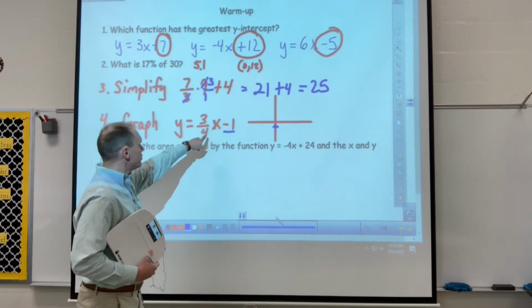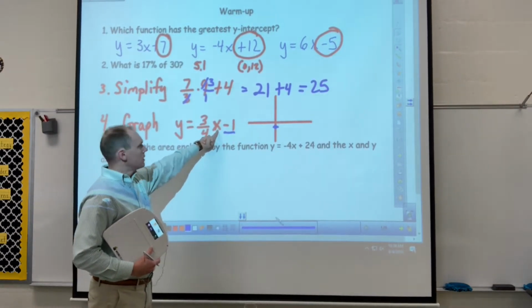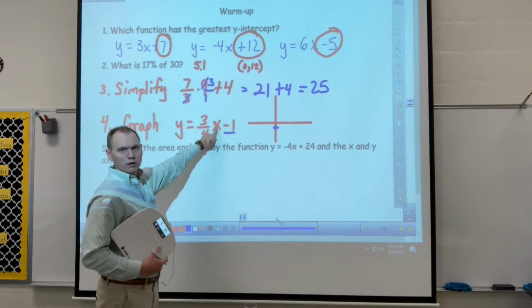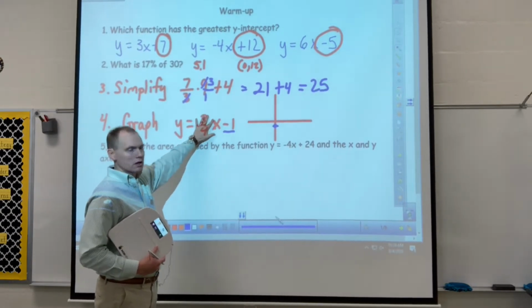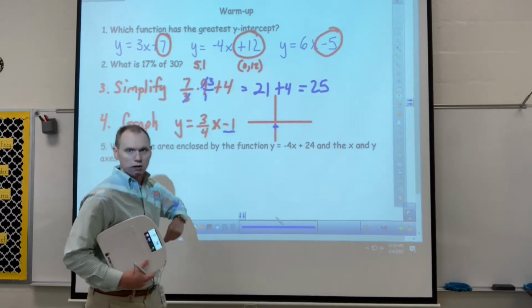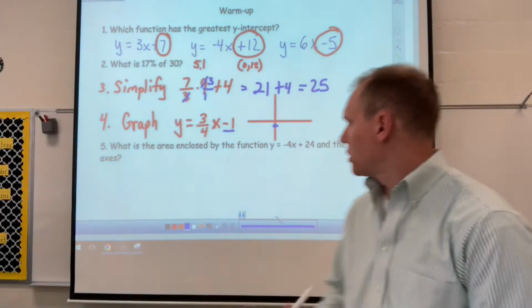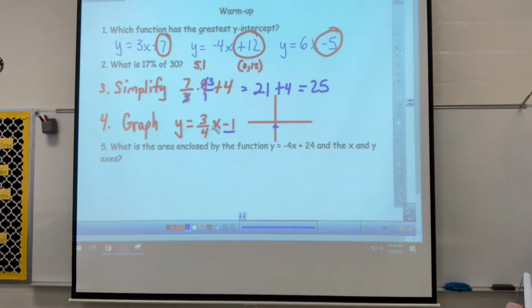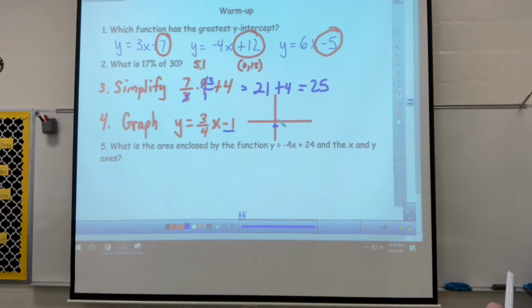So if we put in 4 right here, the 4 divided by 4 is just going to be 1, and so it's just going to result in 3. So if I put in 4, if I go over 4, I'm going to go up 3 there. So if I go over 4, 1, 2, 3, 4, I'm going to go up from there, 1, 2, 3.